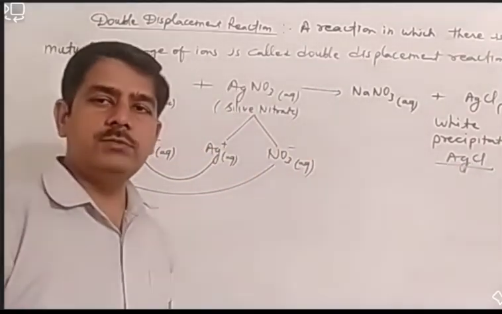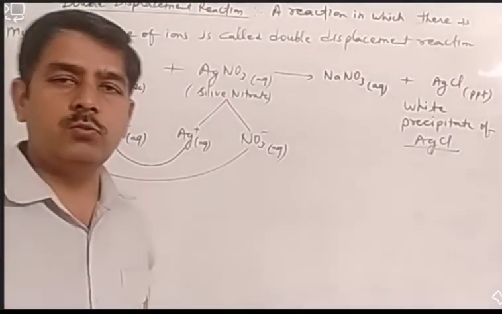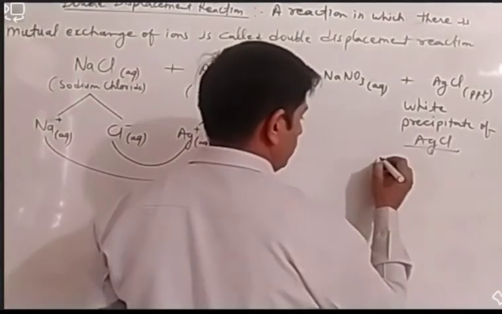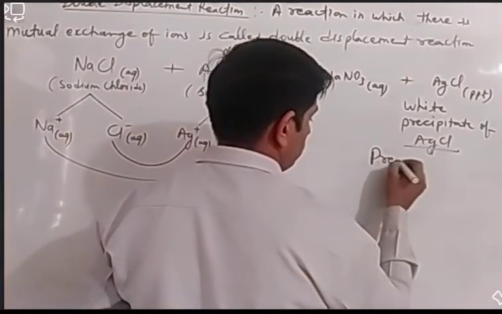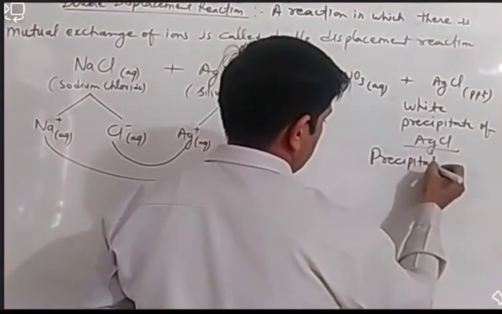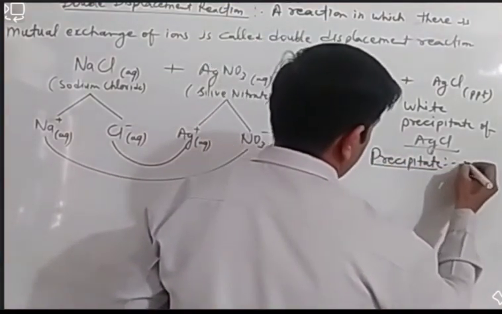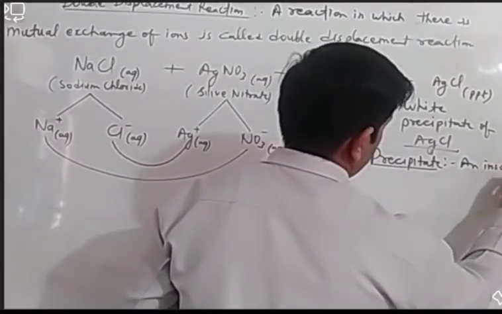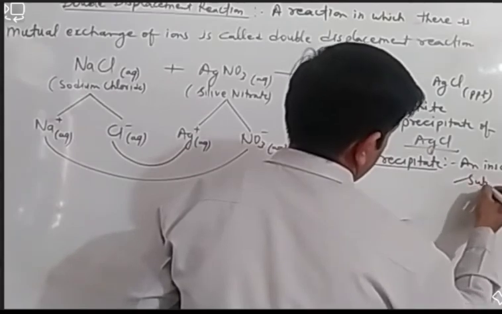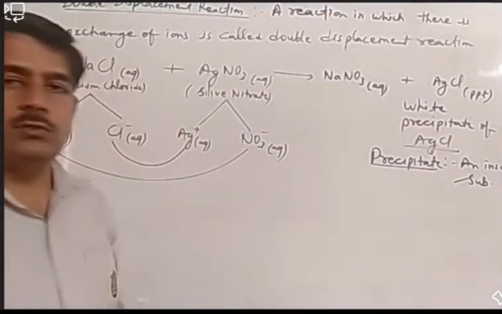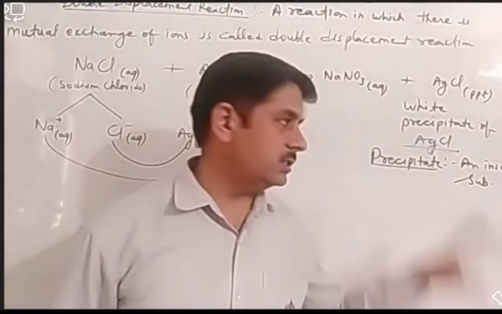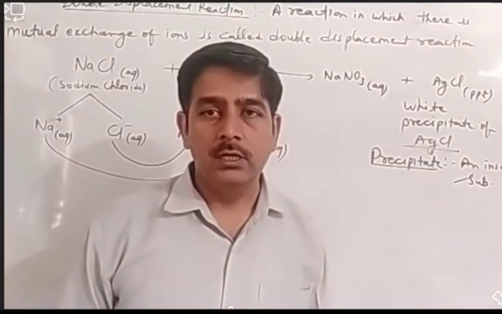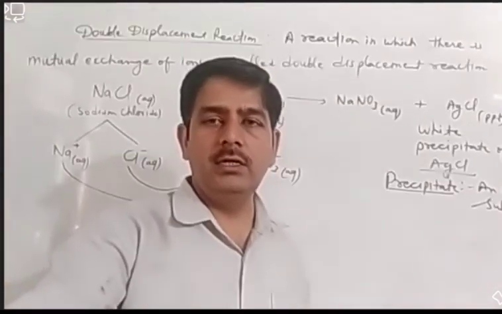And one thing comes to our mind: what is a precipitate? A precipitate is nothing but an insoluble substance. If this insoluble substance forms in the reaction, it is called a precipitate. So there can be another name for this reaction, beta.